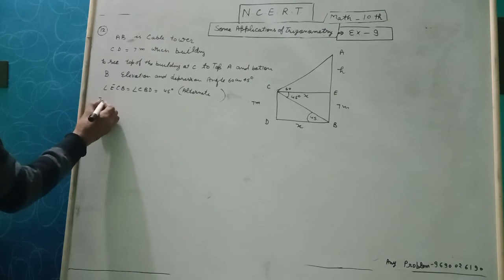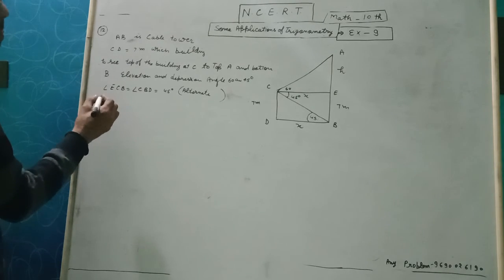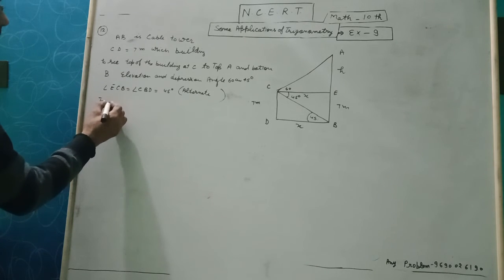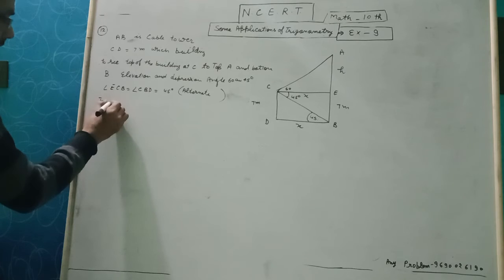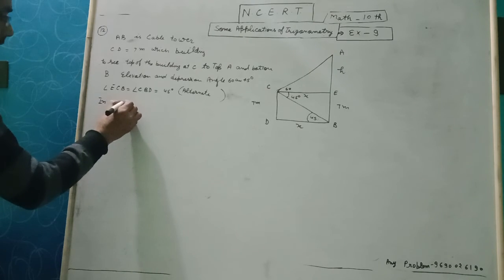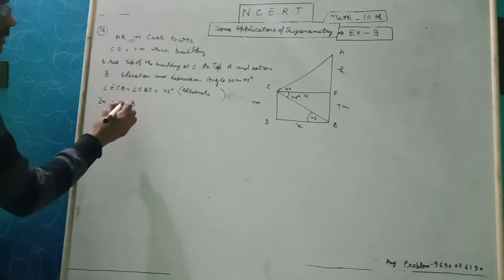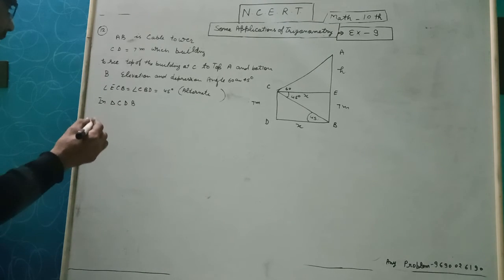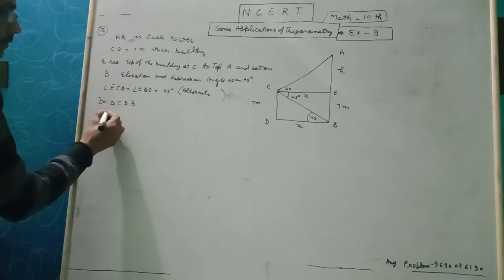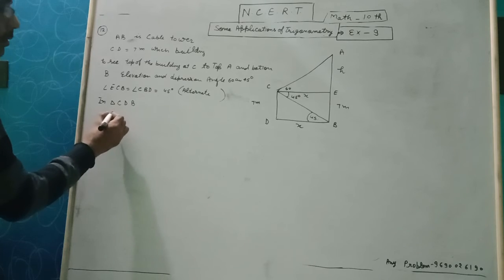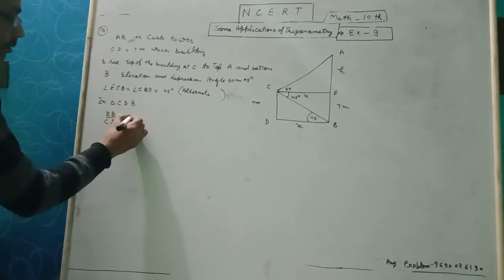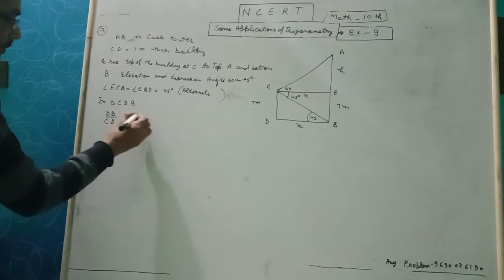In triangle CDB, D is 90, C and B are acute angles. DB mean base upon CD perpendicular is equal to cot 45.